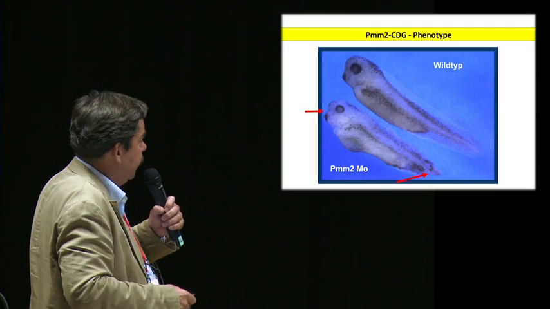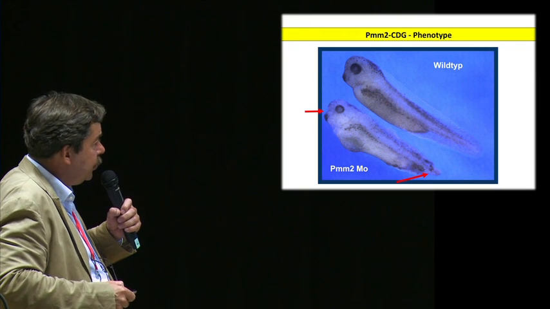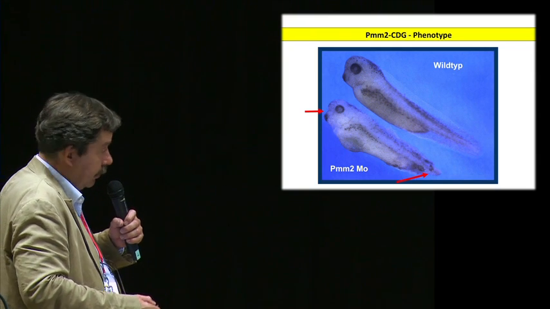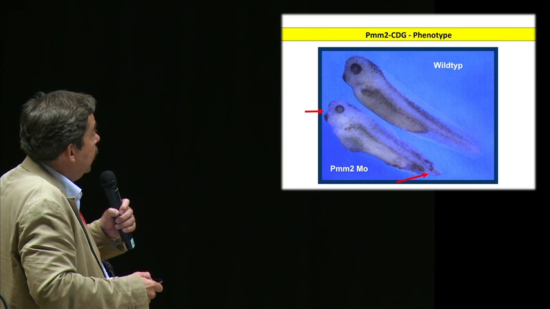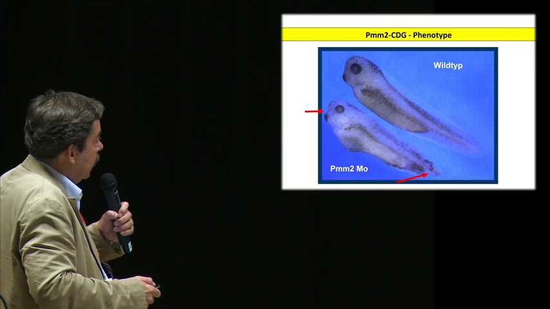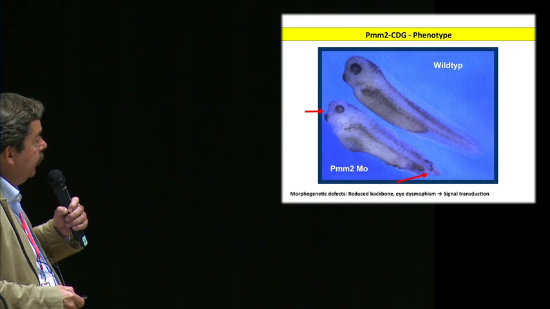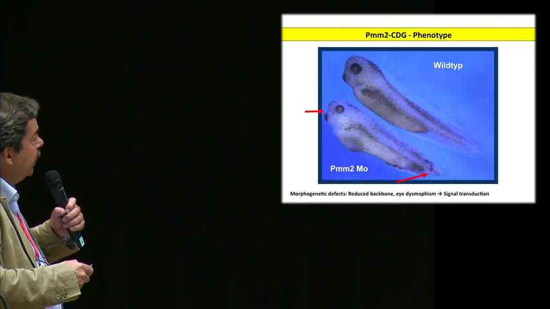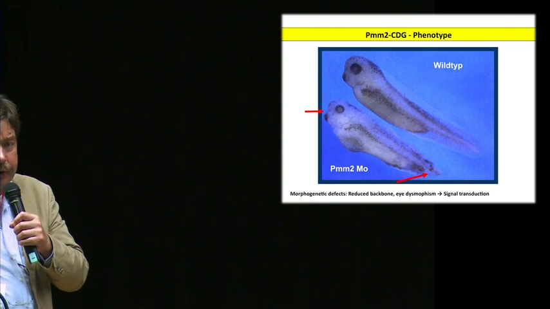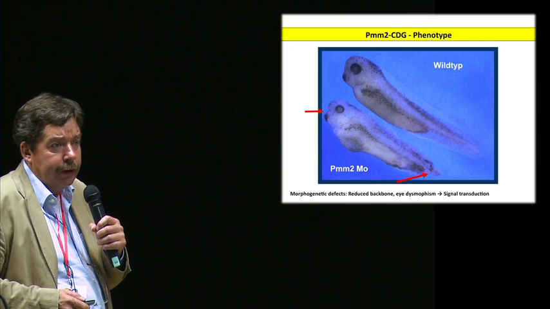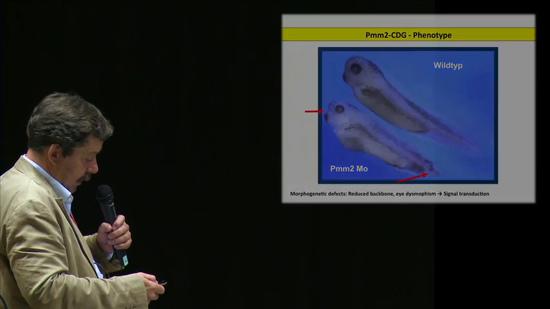And what we can show so far is that this reduction leads to morphogenic defects in the backbone and to eye dysmorphisms, and we are currently investigating the signal transduction ways which lead to these deficiencies.